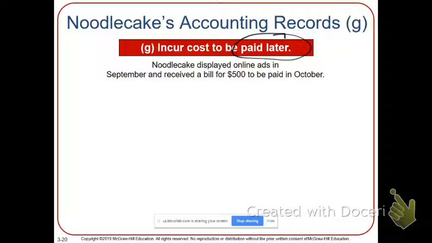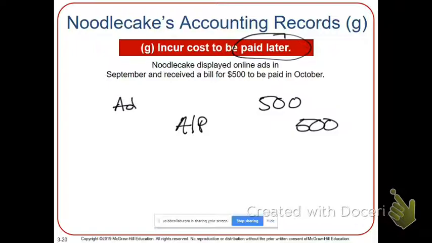Liability. Liability, and liabilities typically are what? Credit. Right. So accounts payable is going to be the credit. What's going to be the debit? Advertising expense. Yep. Ad expense and accounts payable. They're both going up. We incurred an expense and we're going to pay it next month.